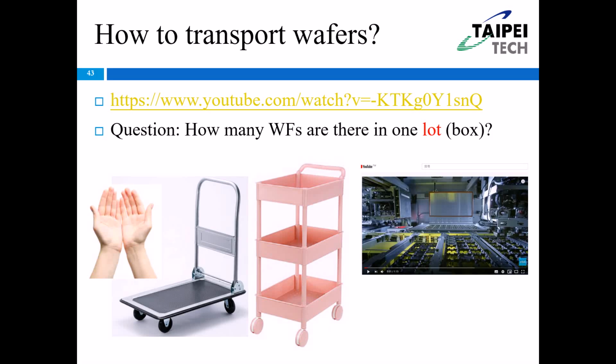But it's super dangerous. If you break this silicon wafer, maybe your whole year's salary is gone. Your whole year's salary must contribute to this one lot of silicon wafer. It costs you maybe more than 2 million NT dollars. But don't worry about that.